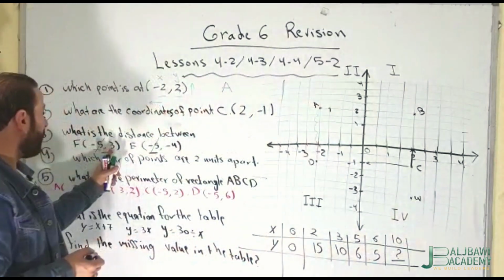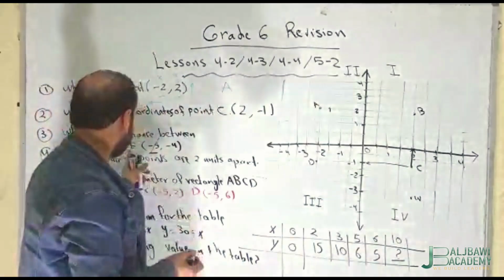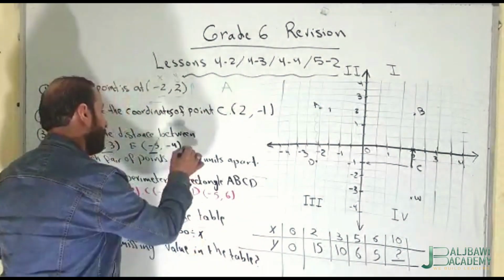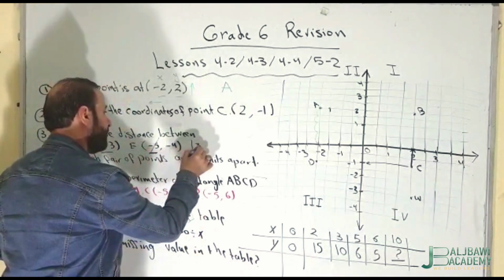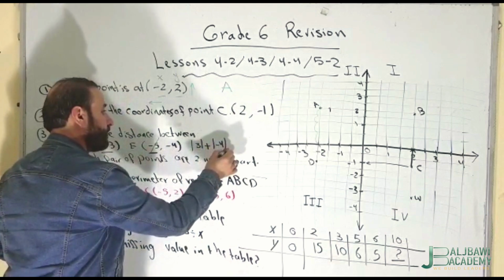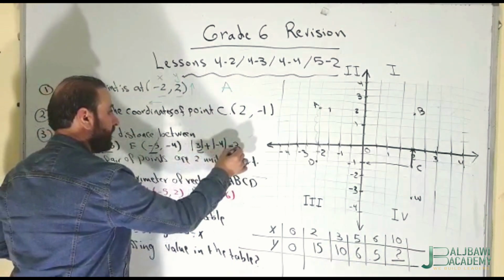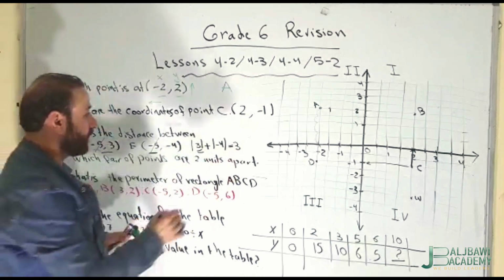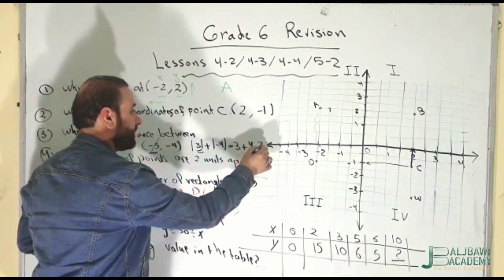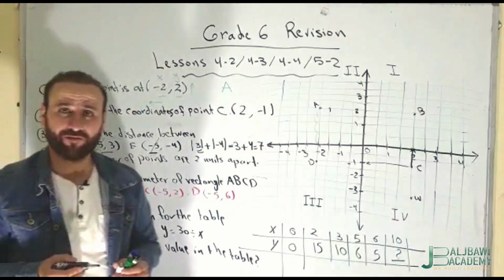Now, the y coordinates have different signs, so I add their absolute values. The absolute value of 3 plus the absolute value of -4: the absolute value of 3 is 3, and the absolute value of -4 is 4. So it equals 7. The distance between these 2 points is 7 units.